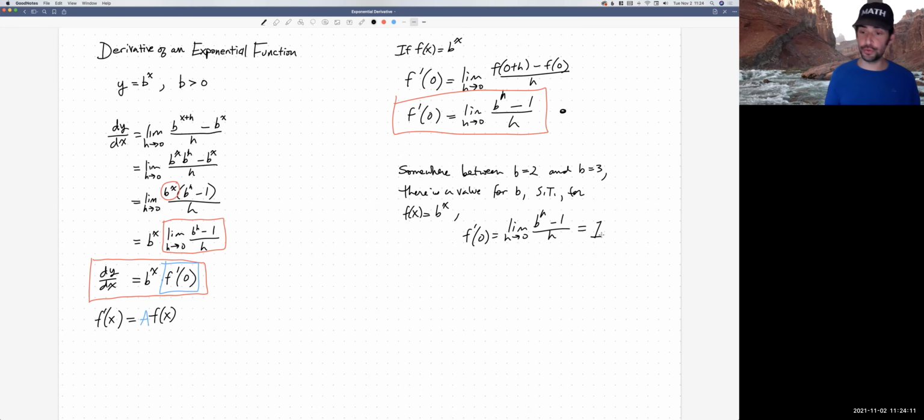There's a value between 2 and 3 such that this limit, this derivative at 0, is equal to 1.